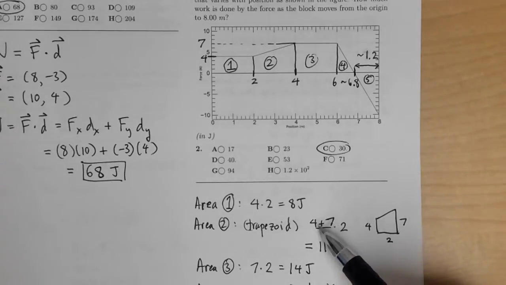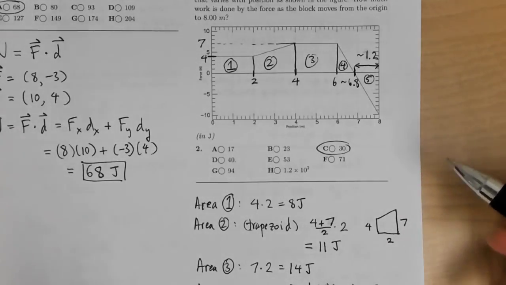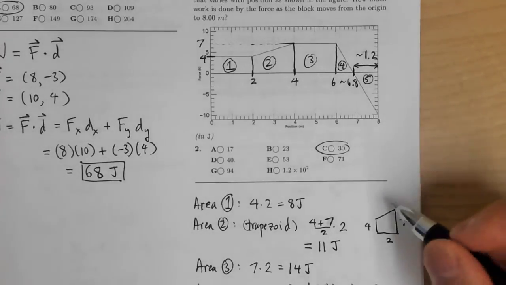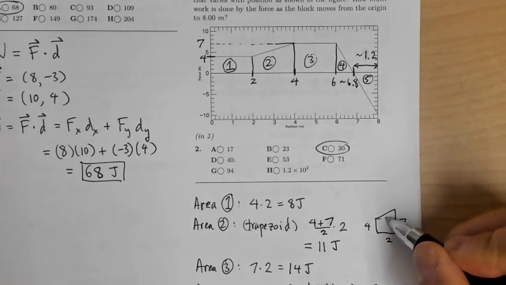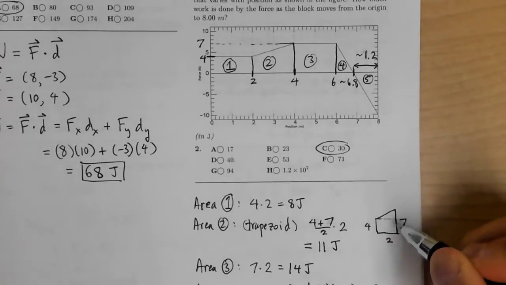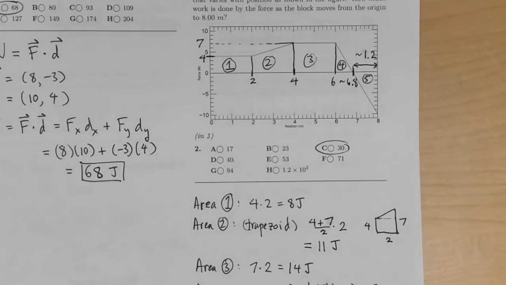And so that comes up to 11. If you don't remember the trapezoid area, all you need to do is just break this apart into triangles and rectangles, and you can get the answer that way.